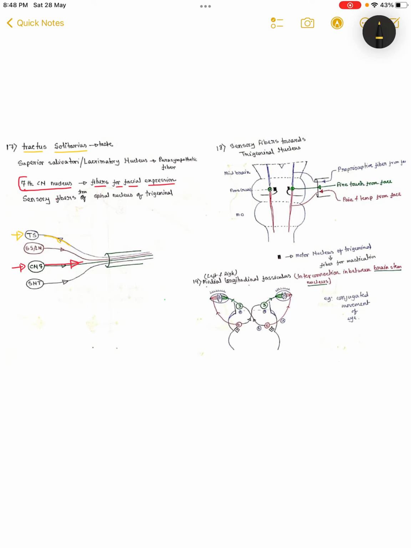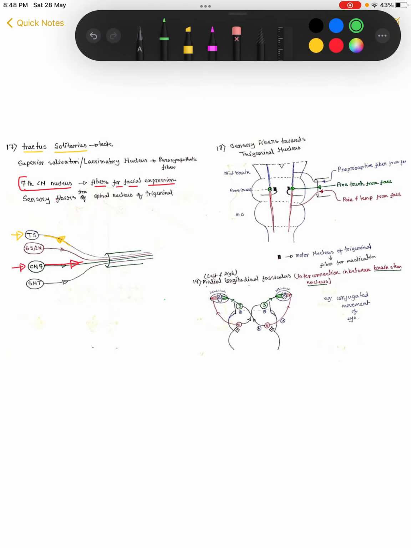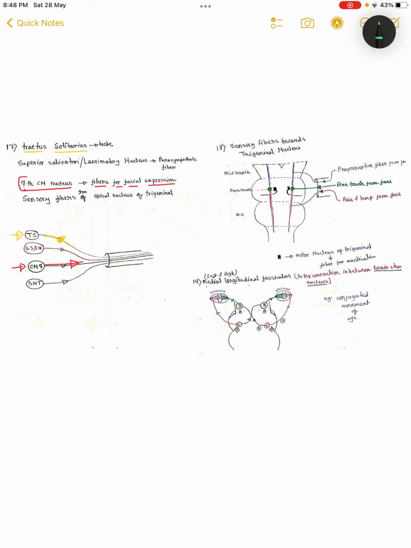This kind of fiber is afferent fiber. Signal is coming. Now see, we have another nucleus, and this nucleus is our superior salivatory or lacrimatory nucleus, which are parasympathetic in nature. So you see these are what? Efferent fibers going from here.